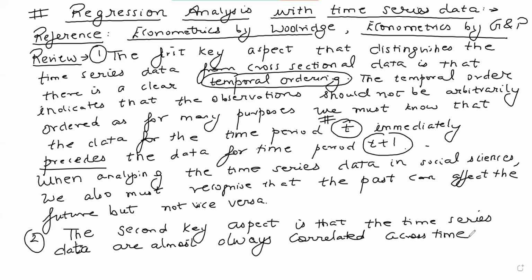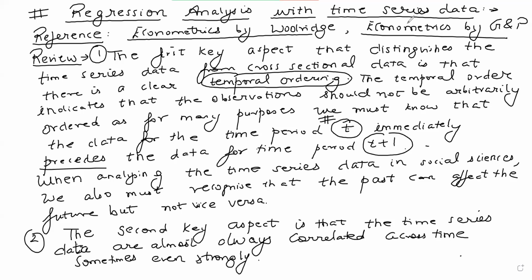They are always correlated across time, sometimes even strongly. So I hope students have understood this particular point. What I'm trying to say is that, remember, we had done one of the properties, that there should not be any autocorrelation.